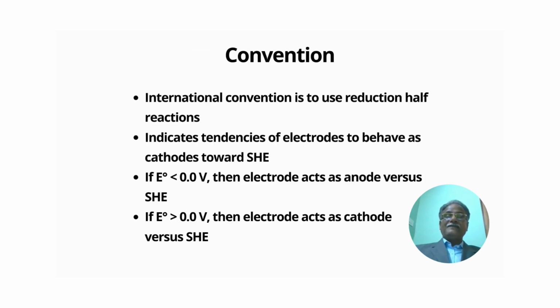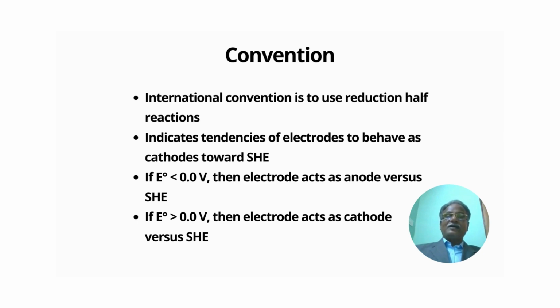Here are the conventions considered while forming the electrochemical series. As we know, each and every element will have a standard oxidation potential as well as a standard reduction potential.